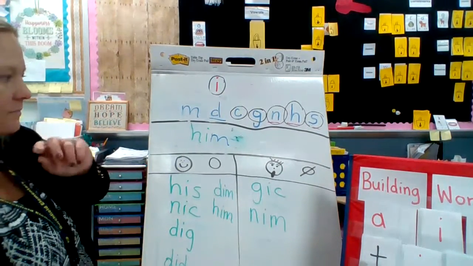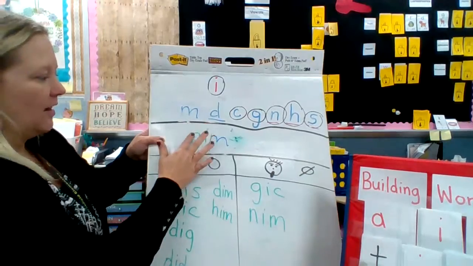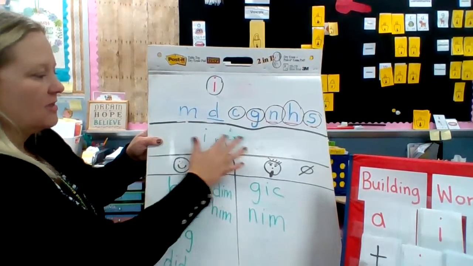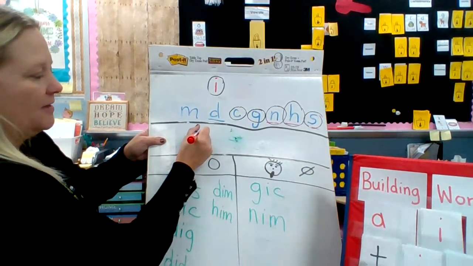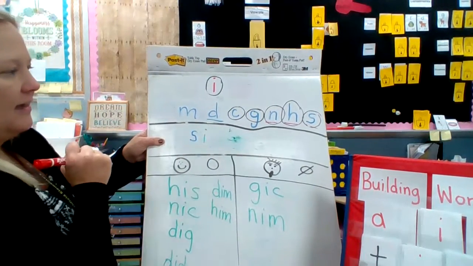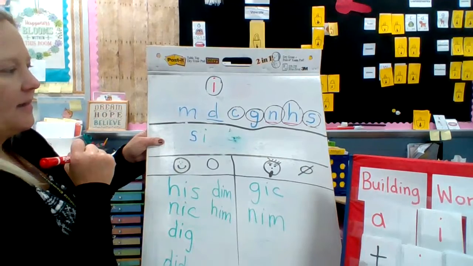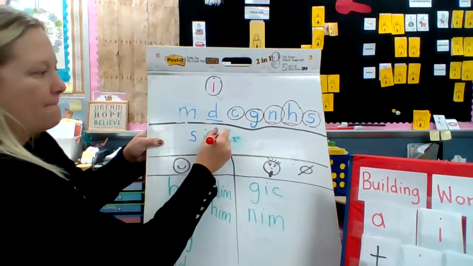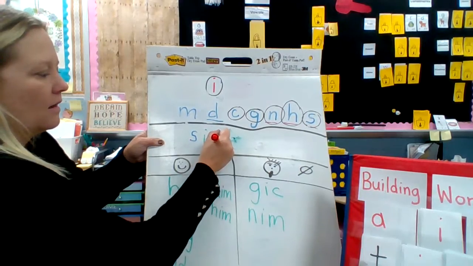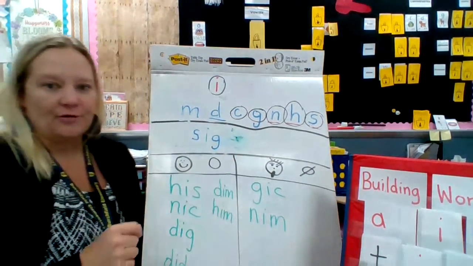Okay. All right. So I'm going to change the beginning. I'm going to put s. Okay. And the ending, I'm going to say g. All right. Is everyone ready? Here we go.